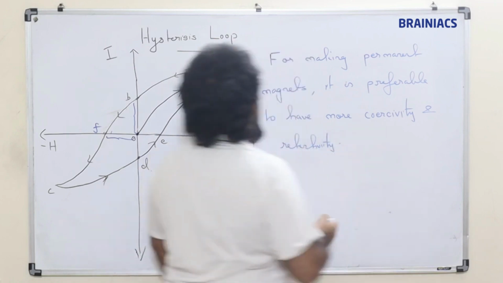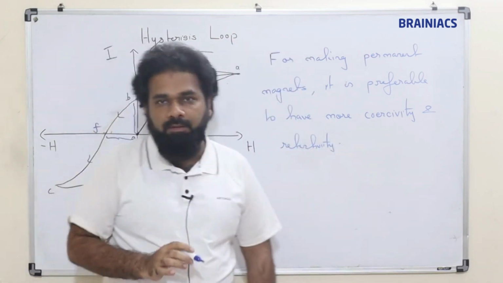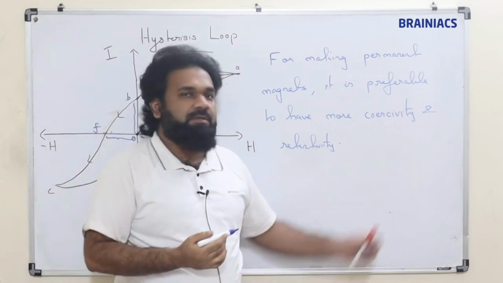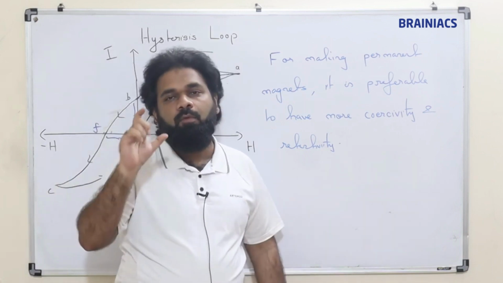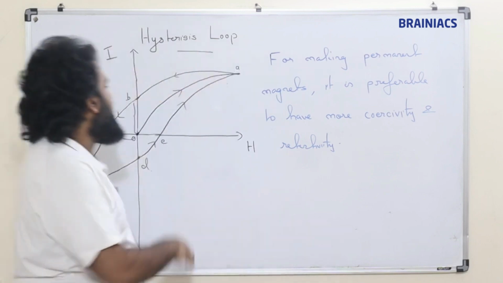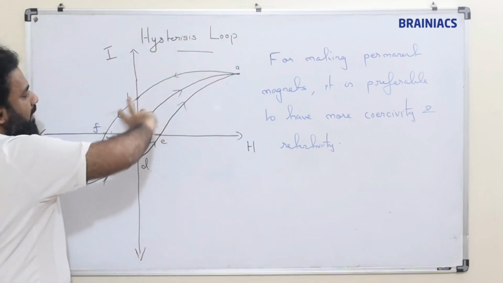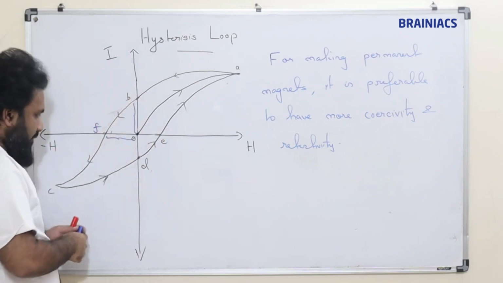Okay, so that we should keep it in mind. If a question is asked, then for making permanent magnet we should have more coercivity, more retentivity, means this loop should be bigger one.